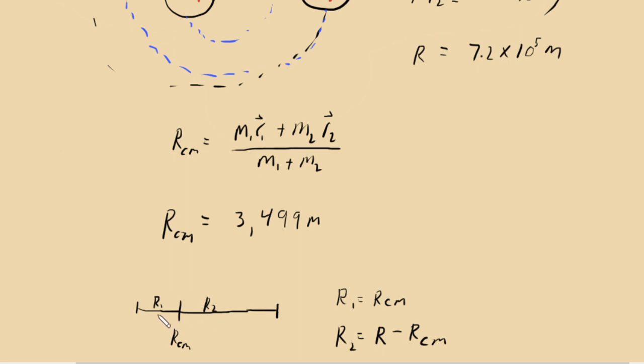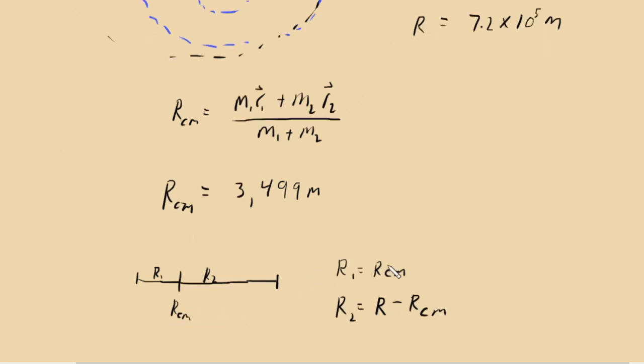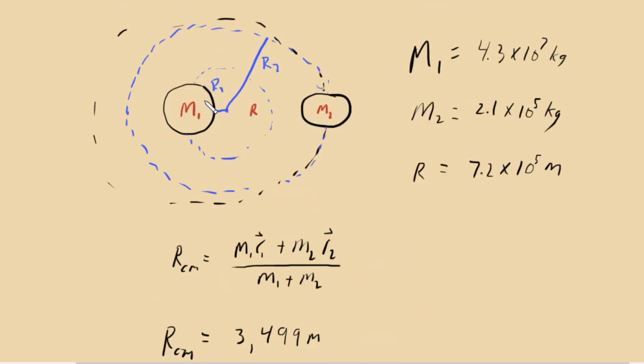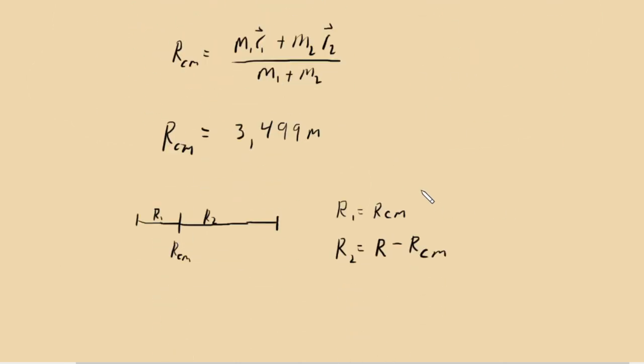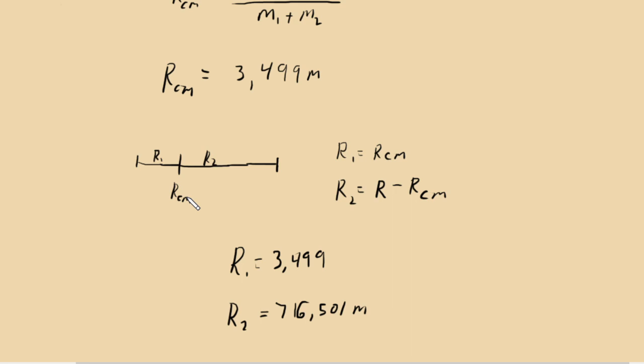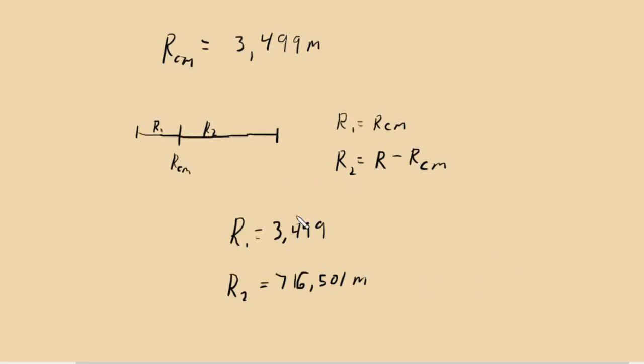And then for our leftover distance, all we need to do is subtract the radius of center of mass, our R1 value, from our total radius, which should make sense because R1 plus R2 should equal our total distance of separation. And so what that comes out to be, as I said, is our R1 equals our radius center of mass, and R2 is going to be 716,501 meters.